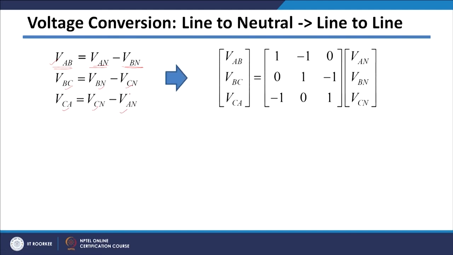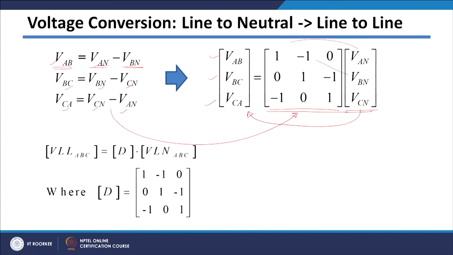If you write them in matrix format, on this side it will be all these line voltages, and on this side there are line to neutral voltages. These line to neutral voltages we want to convert into line voltages, and in that case your conversion matrix will be this one. Basically all these three equations I have just written in matrix form, meaning VAB will be just VAN minus VBN, like this.